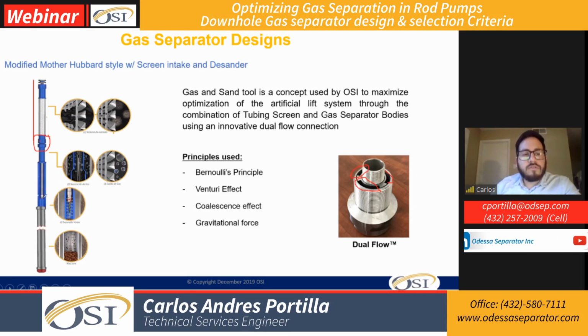And here, I just wanted to show you at the beginning, here will be our intake. For the ones that are familiar with desanders, we'll have a dip tube, an inner section inside of all the equipment, and then the fluid is going to flow through here. All right, so let's go through the video to show you better.